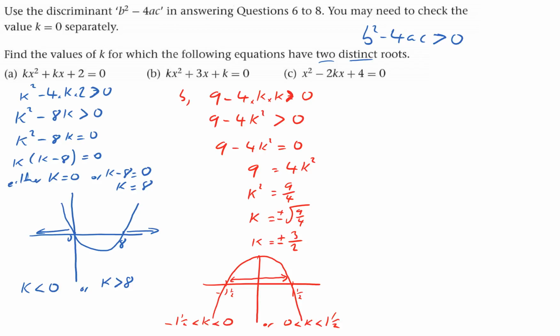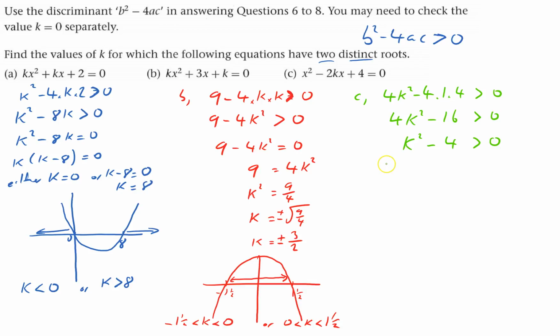And part C will be b squared. Negative 2k times negative 2k is 4k squared, minus 4 times a, which is 1, times c, which is 4, and it's got to be greater than 0. So that says that 4k squared minus 16 is greater than 0. Divide through by 4, so k squared minus 4 is greater than 0.